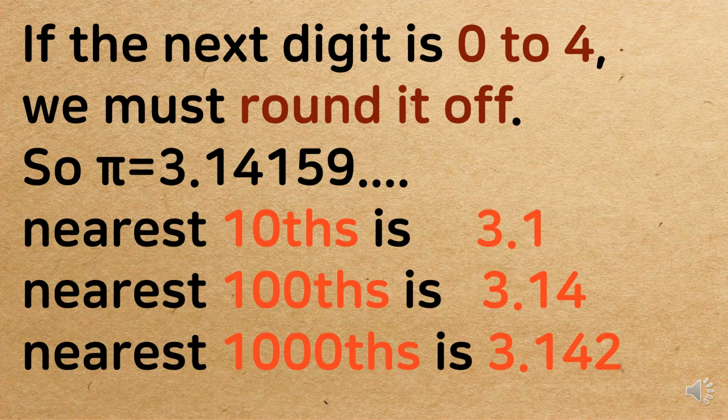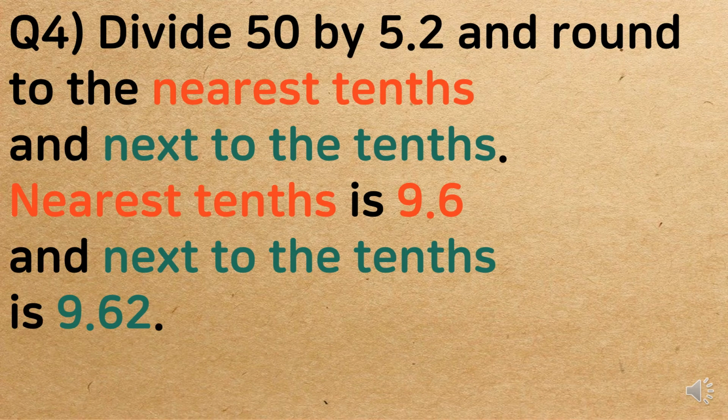So pi equals 3.14159. Nearest tenth is 3.1. Nearest hundredth is 3.14. Nearest thousandth is 3.142.